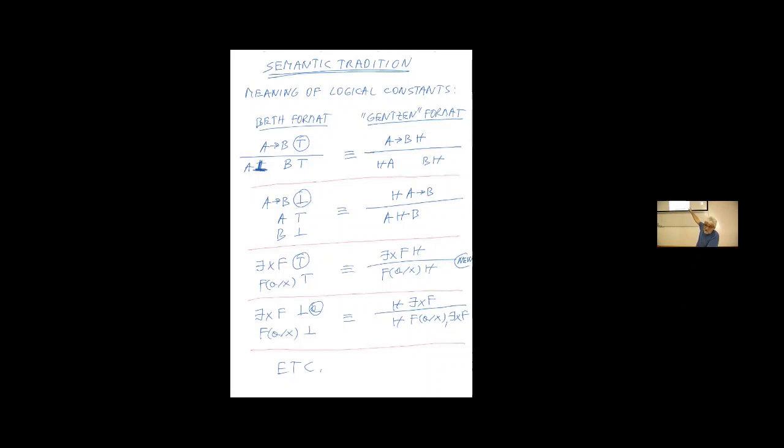And the answer is, well, it means that A is false or B is true, which means that either A is on the right side or B is on the left side. So you have completely the same, there is nothing different, just another notation.